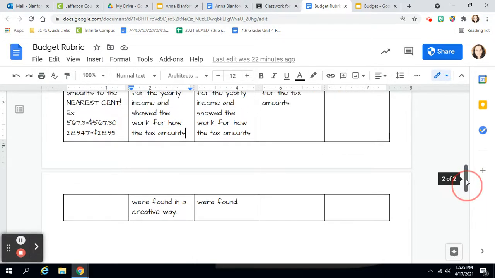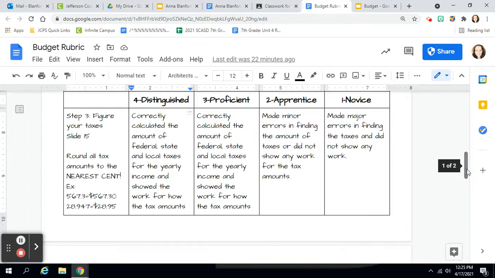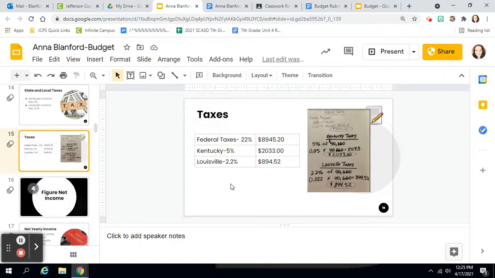The difference between distinguished and proficient is very little. This one might be proficient: everything is the same except it's not shown in a creative way. All right. So you might think to yourself, how could you spice this up a little bit? You might add a picture in here, maybe work with your fonts, do something to make it a little creative.